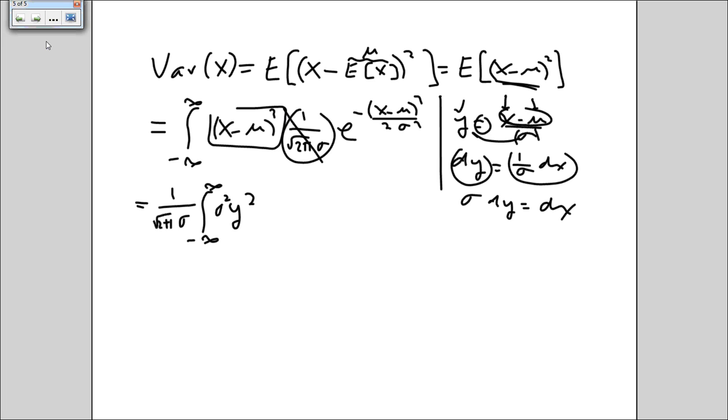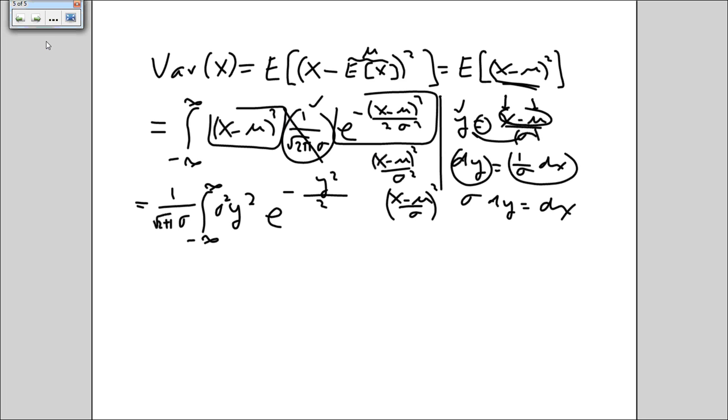It's sigma squared y squared. I pulled this out, and this here is e to the negative, there's the 2 on the bottom. But x minus mu squared over sigma squared is nothing more than x minus mu over sigma all squared. But that's y inside there. It's y squared.